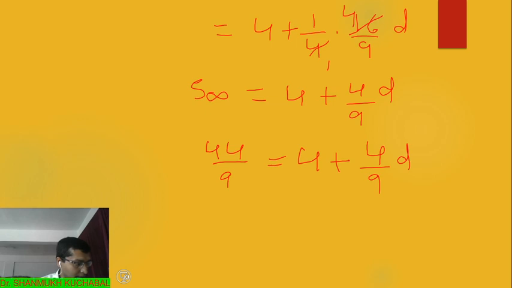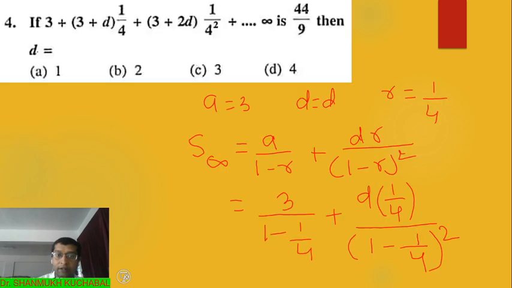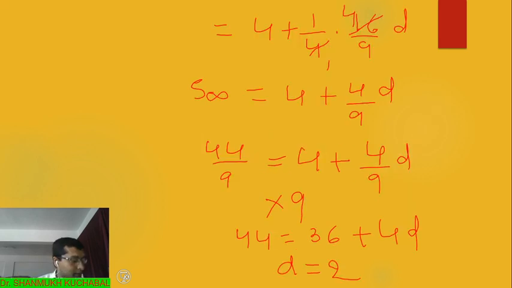Okay, to avoid this denominator, multiply by 9, we get 44 equal to 36 plus 4d. So the d value we get is 2. Therefore d equals 2. Option B is the right answer. Using the arithmetic geometric series, we have simplified this.